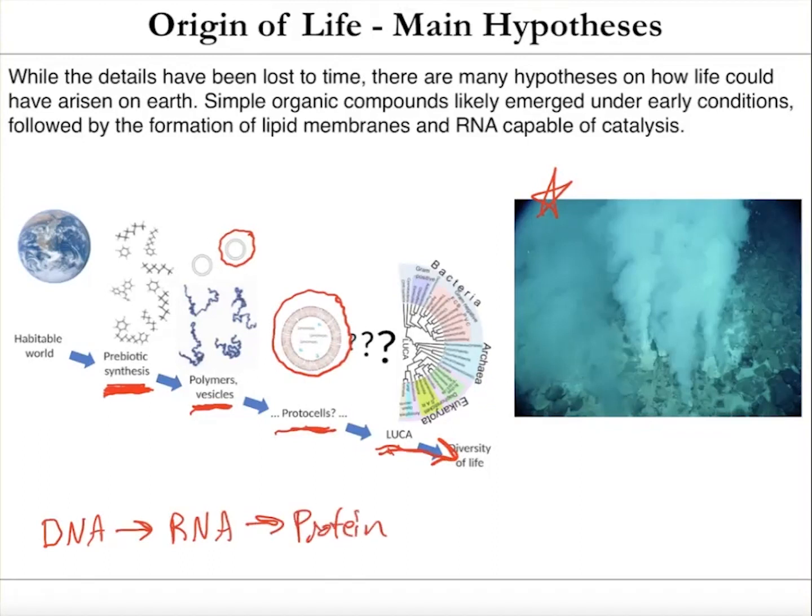The information in DNA basically directs how proteins function. But to have this happen, you need the catalytic activity of proteins. And to get proteins, you need the information in DNA. So how do you marry those two ideas? If you don't have the catalytic activity of proteins, you can't make DNA. And if you don't have DNA, you can't make proteins.